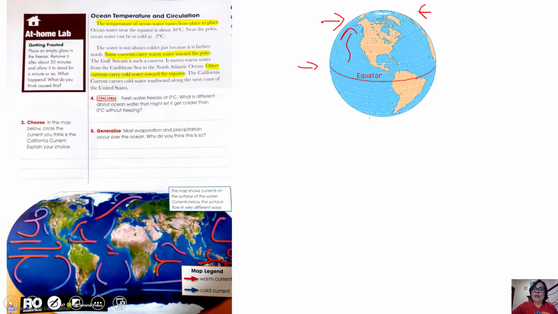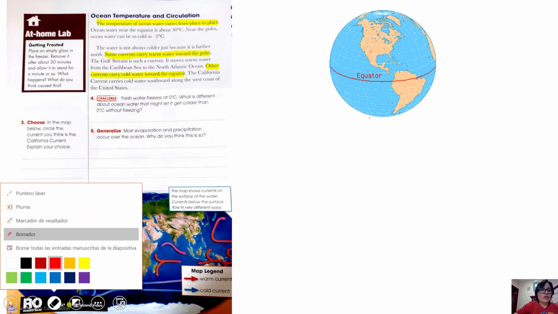And on the contrary, if we have currents coming from the pole to the equator, we are going to have in the equator not too high a temperature in the water because of the currents.